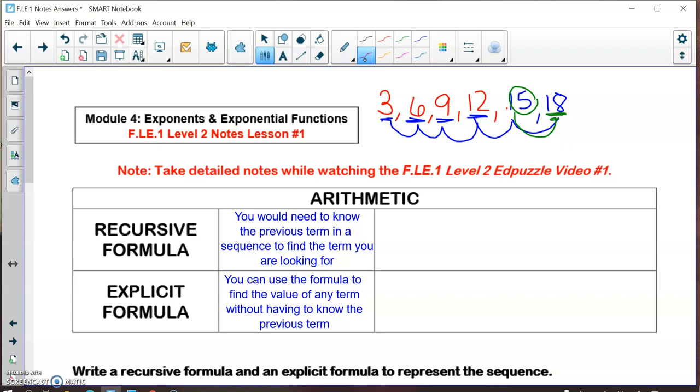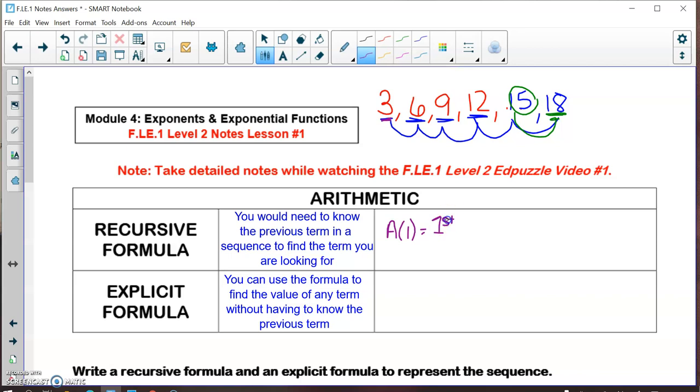All right. So we're going to get started with actually writing these formulas in the format of these formulas. And this is all with function notation, which we've learned already. So the recursive formula, to write the formula in a recursive type of way, what you would do is you would write a of 1. And remember, this is function notation. So what this means is that we really just want to state the first term, and the first term of this sequence is 3, but in a different sequence it might be different.